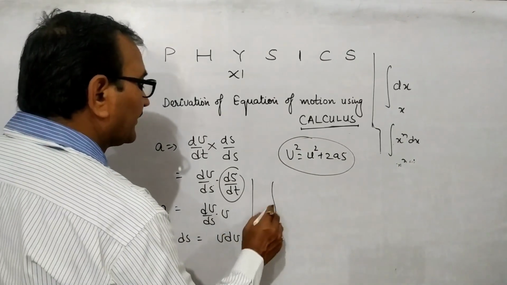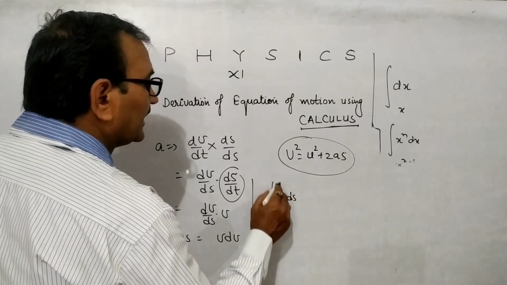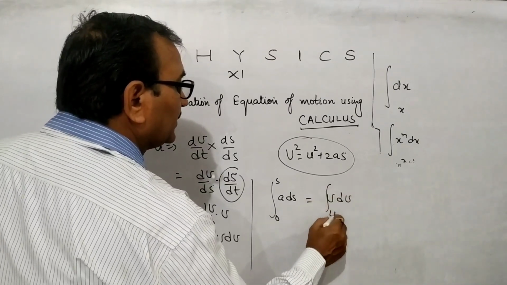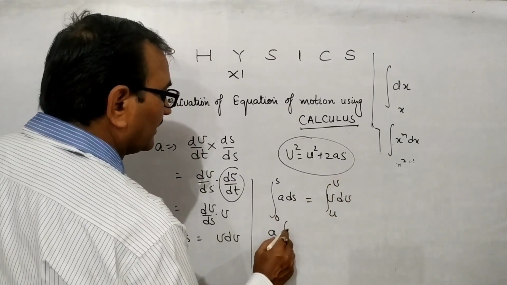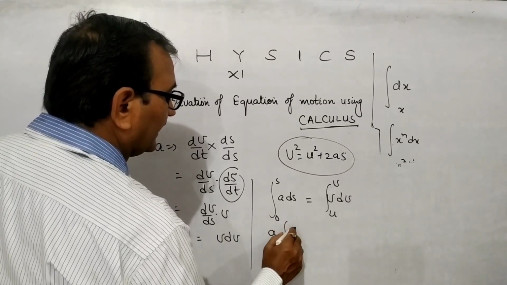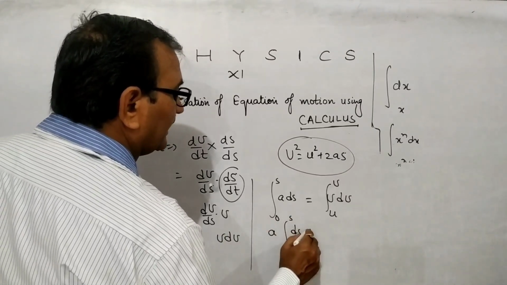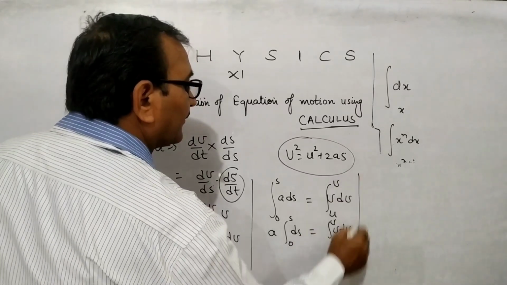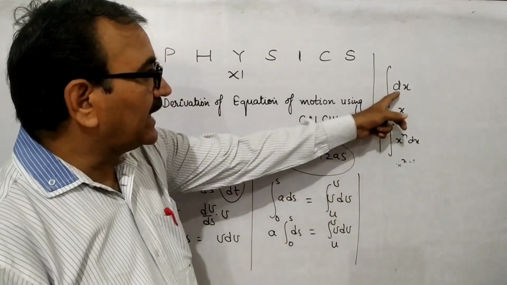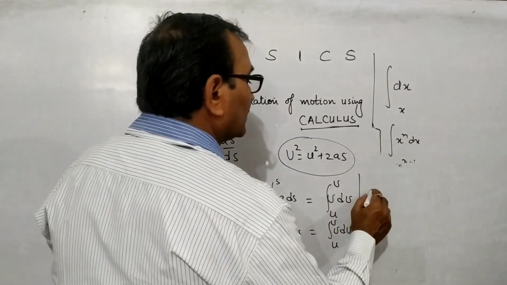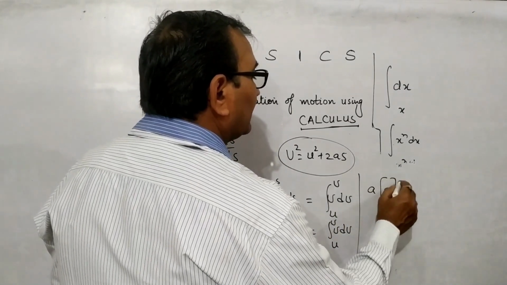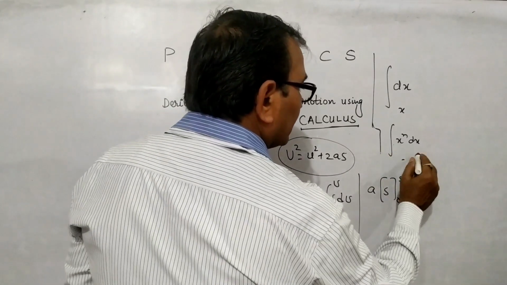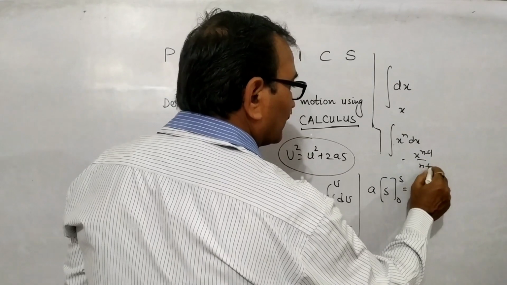So now integrate a ds from 0 to s, and similarly v dv with limit u to v. Okay, now take ds only 0 to s, and here v dv u to v. Clear? ds just like this one, you have only s, so a into s, limit 0 to s, is equal to v dv using the formula x power n plus 1 upon n plus 1.